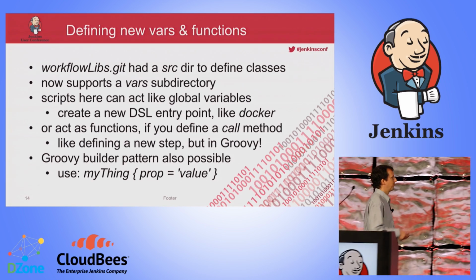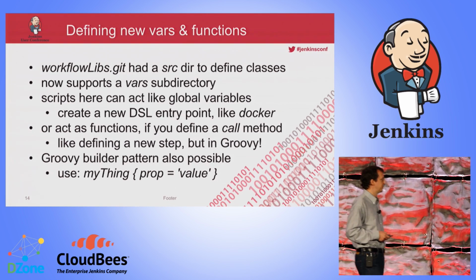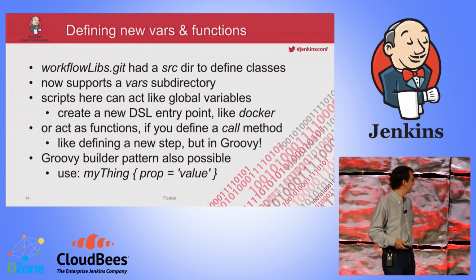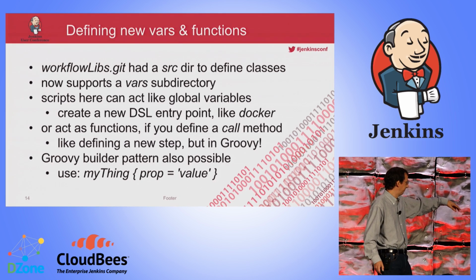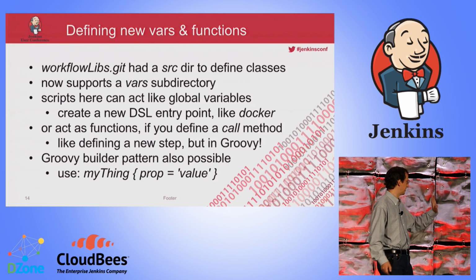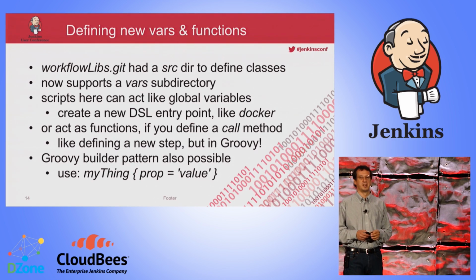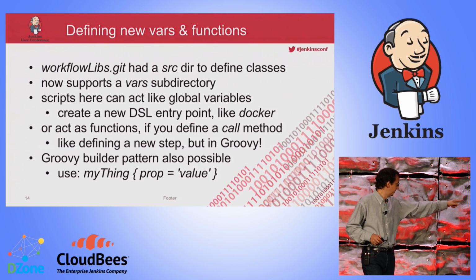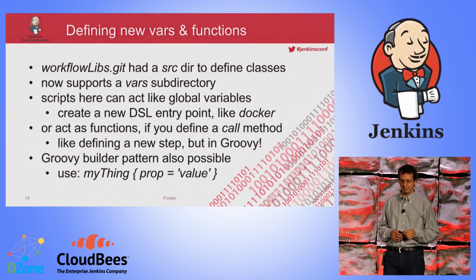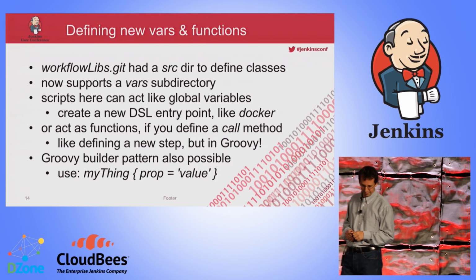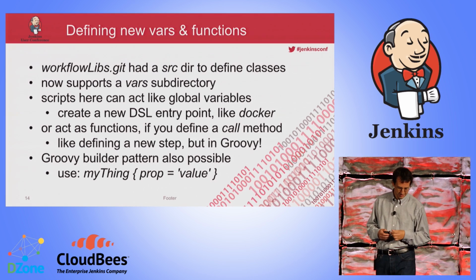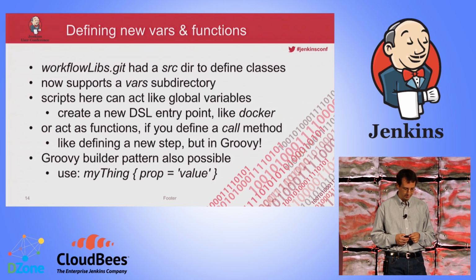And one neat thing you can also do with Groovy is it has something called a builder pattern that uses some language tricks I won't go into. The end result is that you create something that looks more like a configuration file than like a program. So this last line here is syntactically valid workflow script if there were a library that were actually using it.